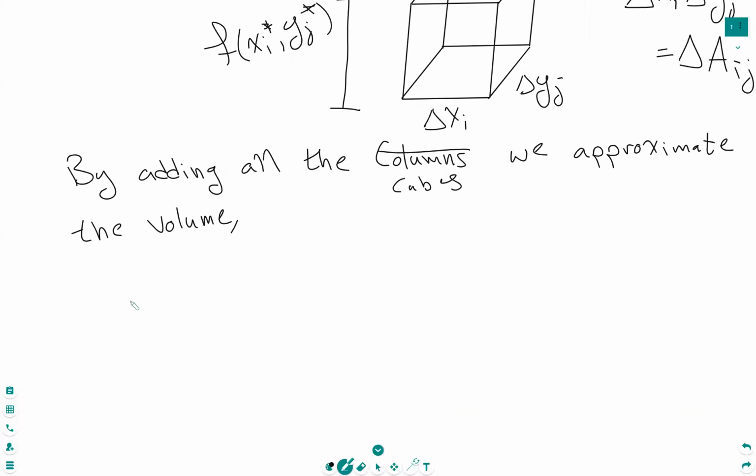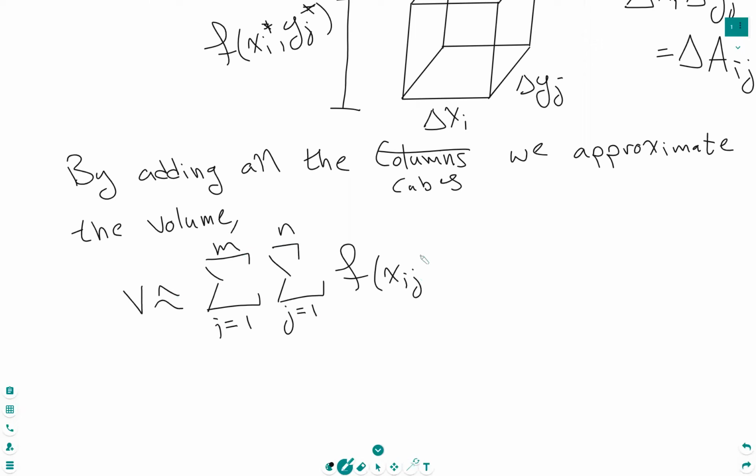So we say that the volume is approximately the sum from i equals 1 to m and the sum from j equals 1 to n of f of x_ij star, or we can just say x_i, and then y_ij star, and then the area of each of those little rectangles.